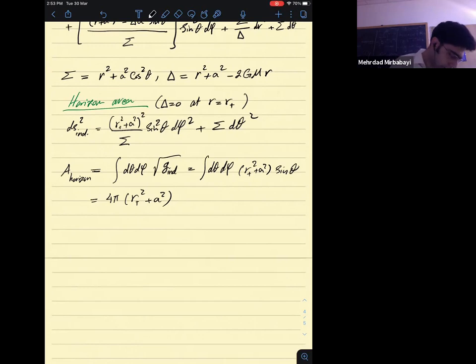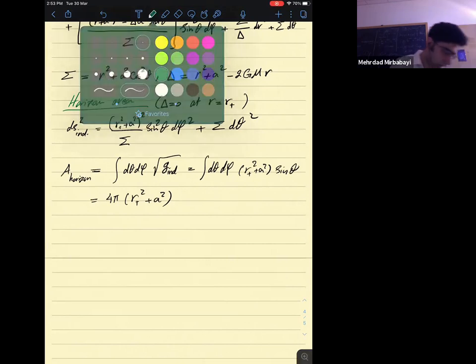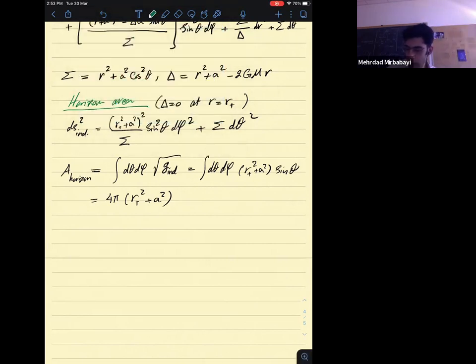Now we can slightly write it in a more useful way by using the following fact that you were asked to verify at some point.